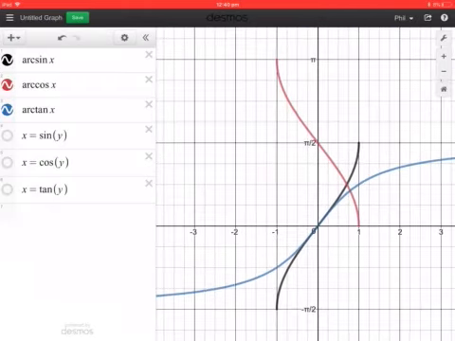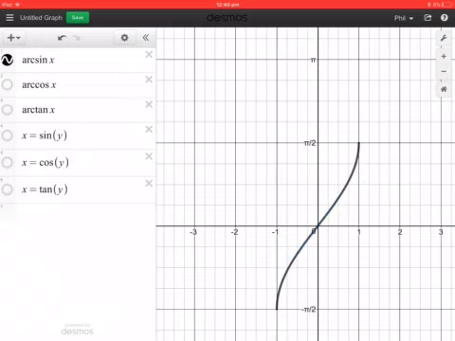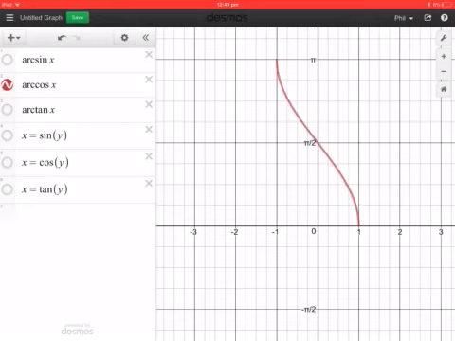And you see that the domain of arcsin is the range of sine, which is -1 to 1. And the range is now from -pi on 2 to pi on 2, which is the restricted domain of y equals sine x. Arccos is very similar, just shifted up, again from -1 to 1, but the range is from 0 to pi.